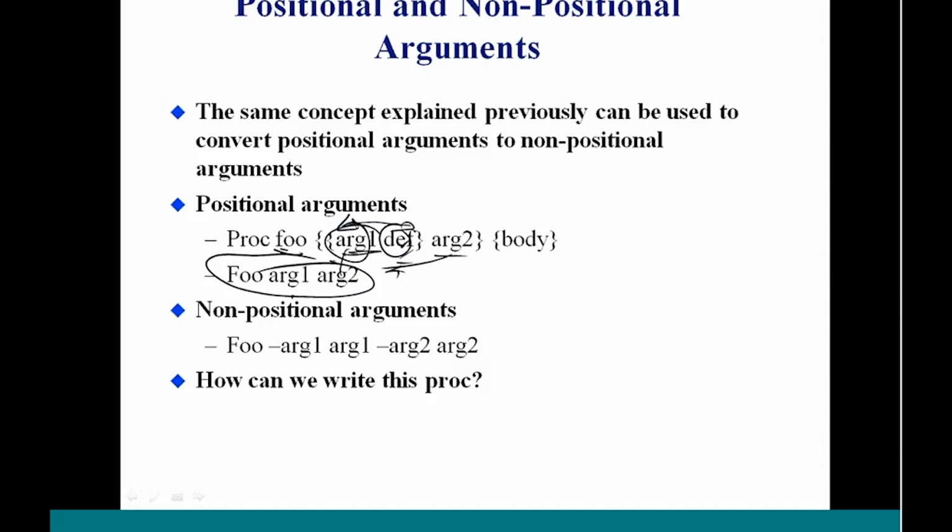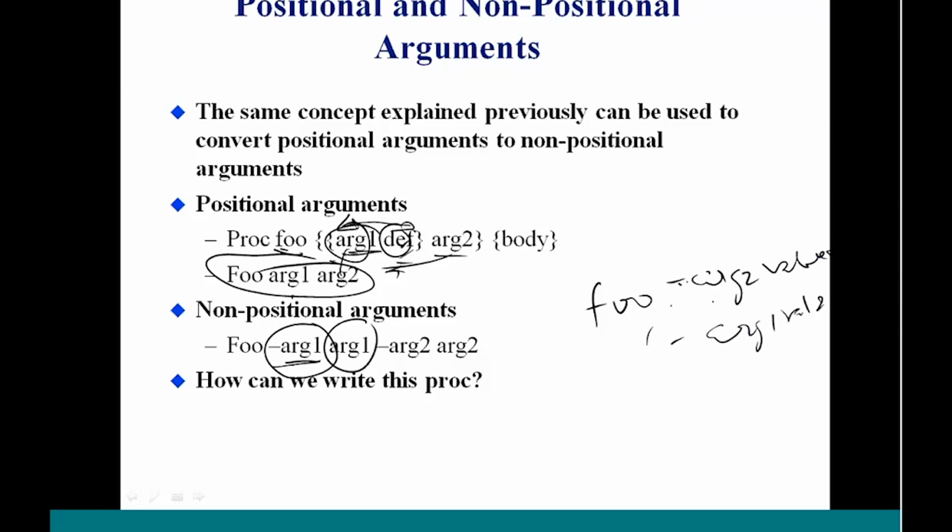Now let's look at the non-positional argument. With non-positional arguments we can say the same thing in any order. The only thing is we prepend with -arg1 and then give the arg1, and -arg2 and give the arg2. You can write foo -arg2 and some value, and -arg1 value 2.